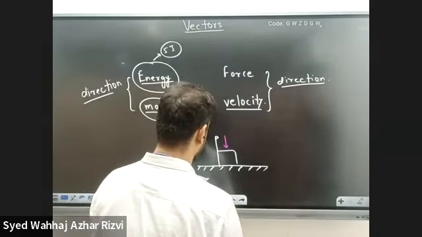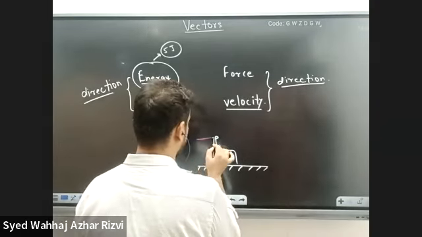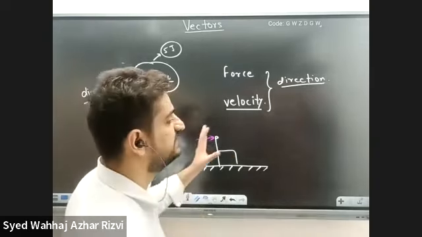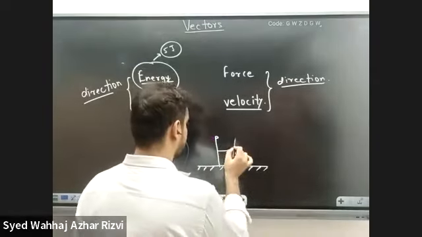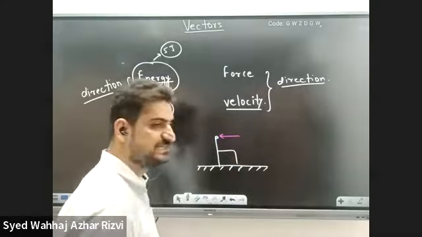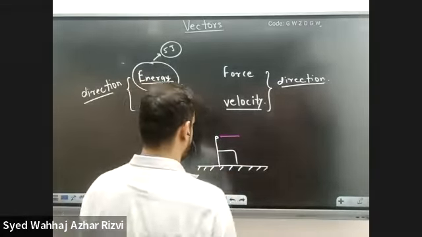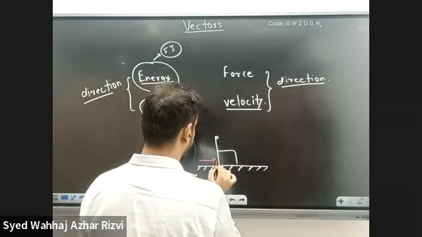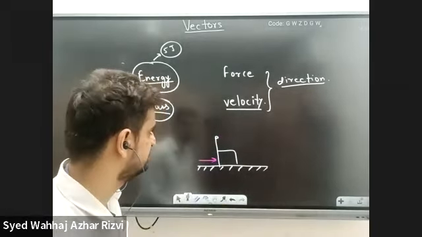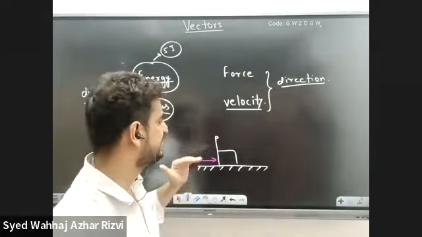But if I apply 10 Newton force like this, then it may topple. If I apply 10 Newton force like this, the possibility of it toppling increases. If I apply 10 Newton force over here, it would have a different effect. So force does have direction.